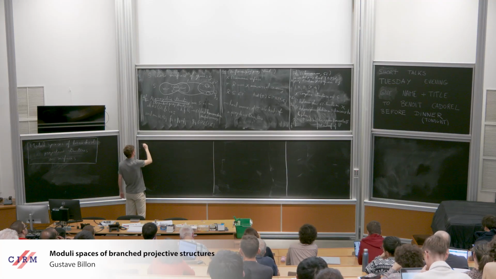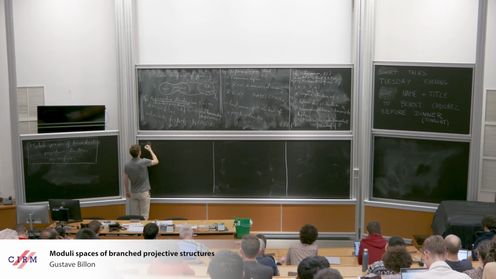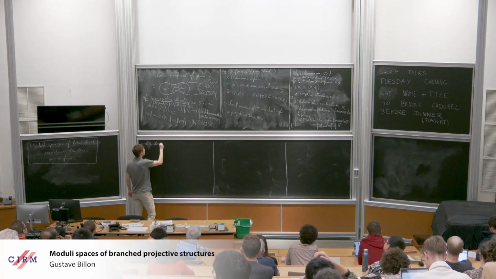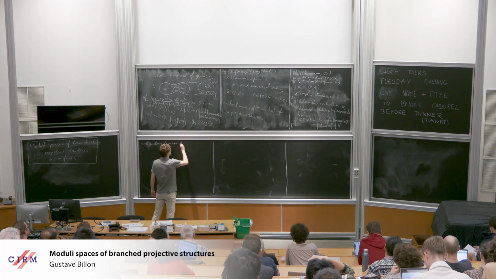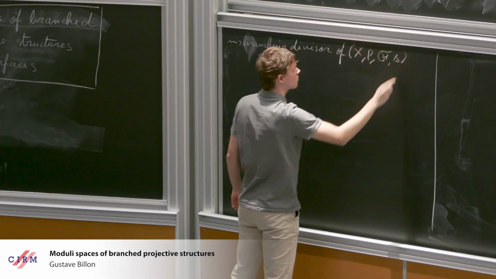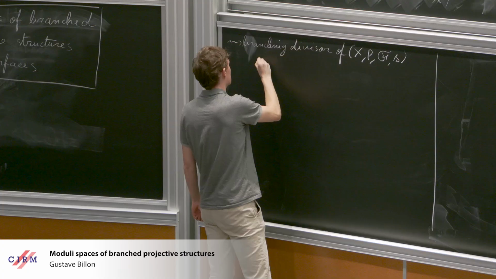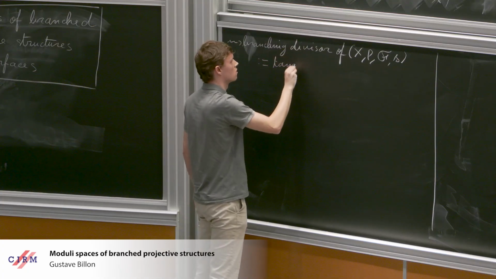Okay, so when you have a branched projective structure, then you have a branching divisor, which is the tangency locus of the section and the foliation.